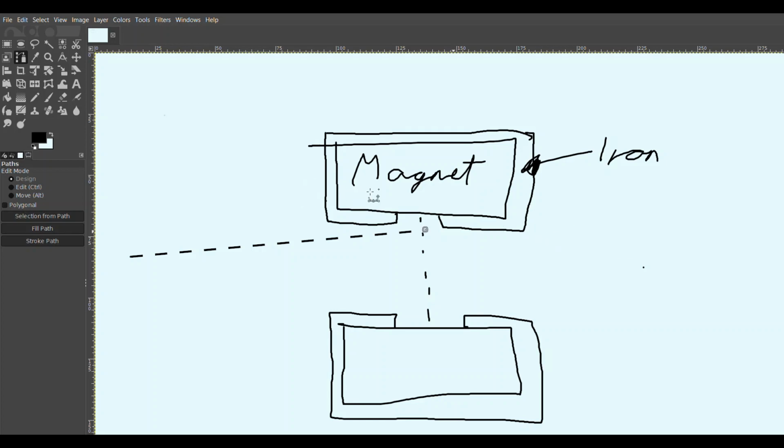Just drawing. No. Here, I think. No. It should. Why is this a thing?